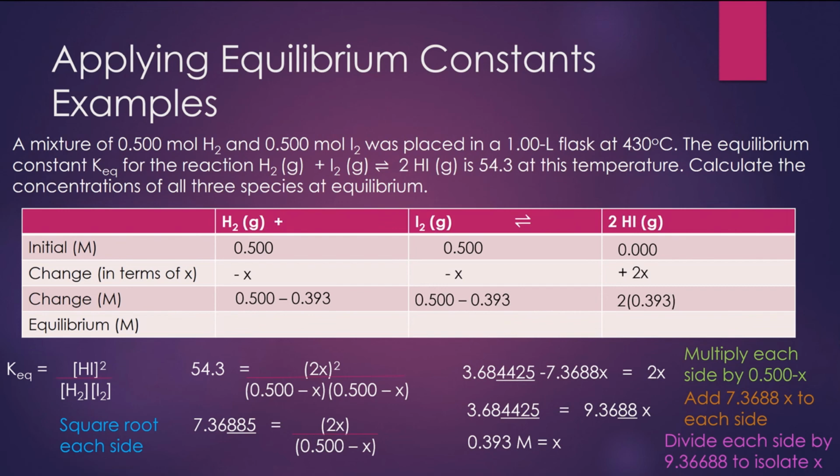Whereas HI, its new concentration is going to be 2 times 0.393. I can do the math now. 0.500 minus 0.393 means my concentration of H2 at equilibrium will be 0.107. Same for my concentration of I2, and my concentration of HI at equilibrium, 0.786.